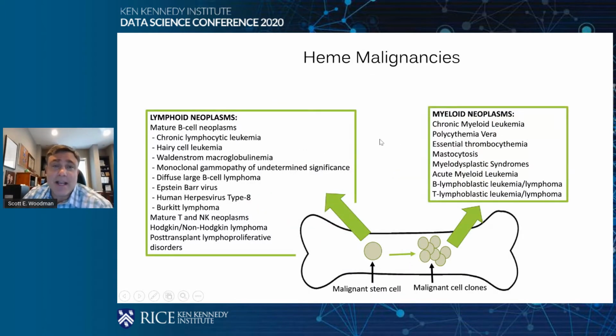And there are a huge number of heme malignancies. You may be familiar with some of their names just in general as leukemia or lymphoma, but you can see there's many different subtypes, and this is both because of the cell of origin and also because of genetic aberrations that occur that further categorize these heme malignancies.